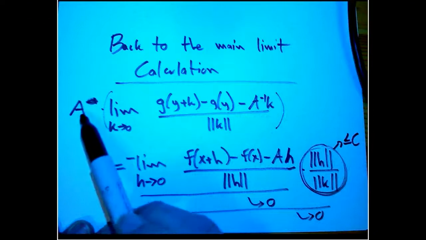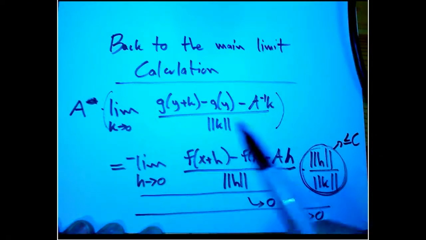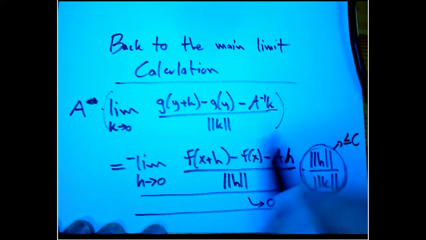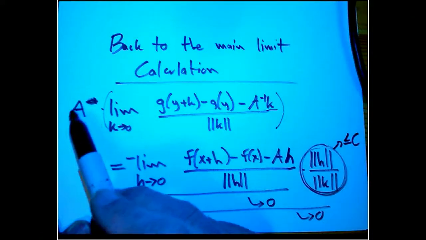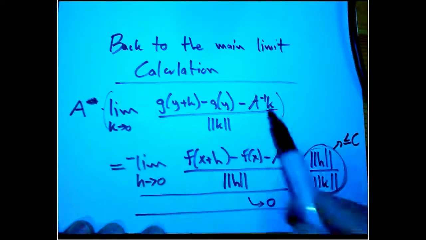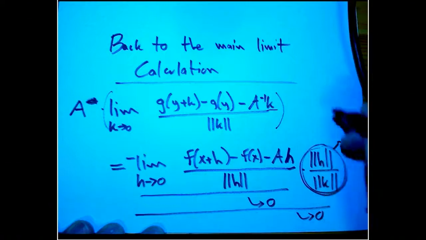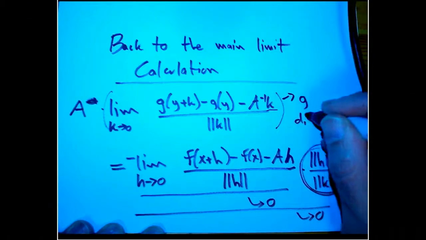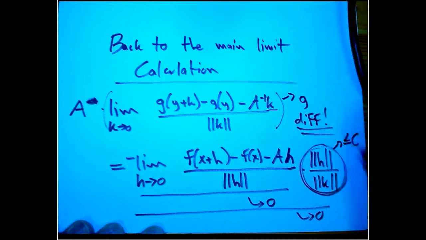And A is an invertible matrix. So this is a limit of vectors in Rn. It's a sequence of vectors in Rn. And when we hit it with this invertible map, that goes to 0. Well, then this must go to 0 as well. Okay, so we've got that G is differentiable. So that's cool. That's a big deal.